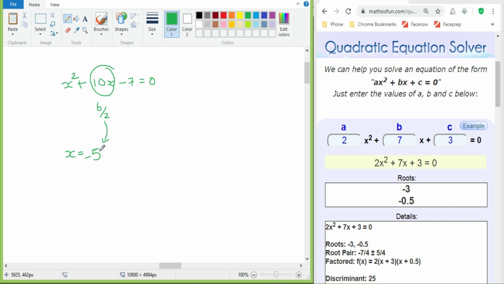This is the first step. Next, take the square of whatever b by 2 you have taken, that is 25. And whatever the number is given over here, if it is minus, you have to write it as plus, and if it is plus, you have to write it as minus. Since they have given minus, I have to take it as plus. So this says minus 5 plus or minus root of 32.